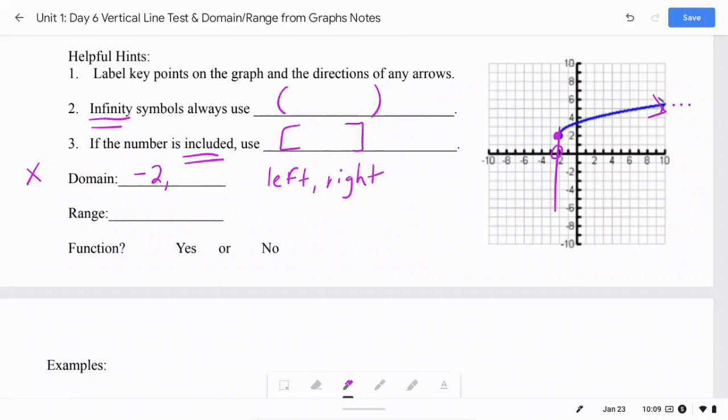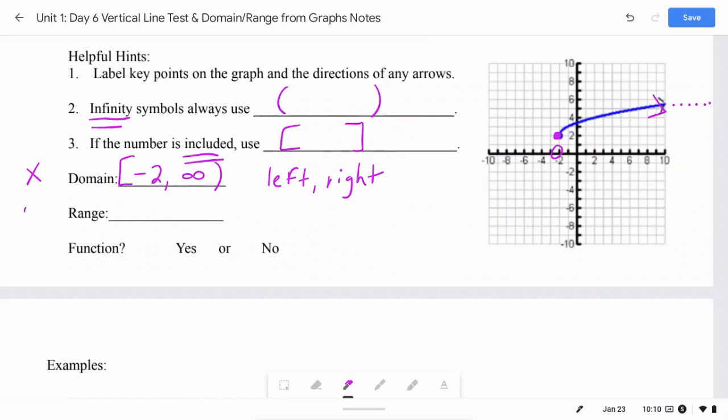It's going to keep going forever because there's an arrow, so forever to the right would be towards positive infinity. So I'm going to put a bracket around the number -2 because I want to include that number, and then we always use parentheses around the infinity symbols.